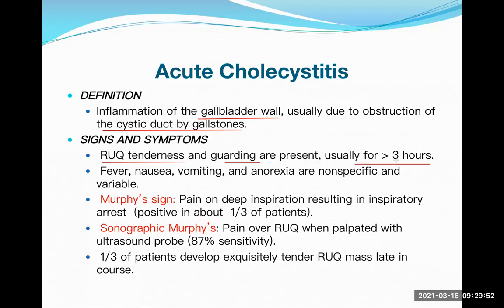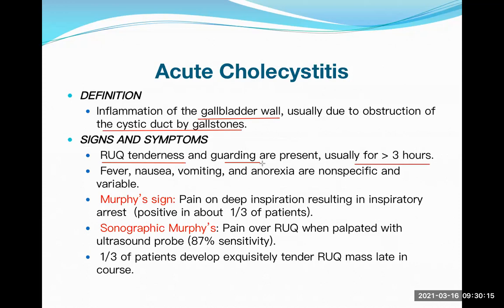This is also known as a colicky type of pain, because gallbladder is a distensible sac. Remember, any distensible sac, any tubes, or any hollow organ, if they are involved by any pathological process, then there will be colicky type of pain.